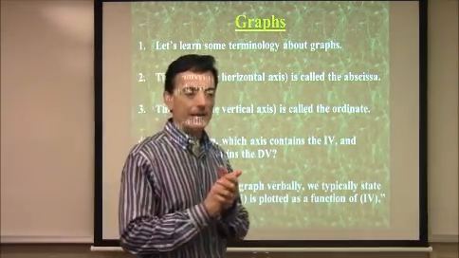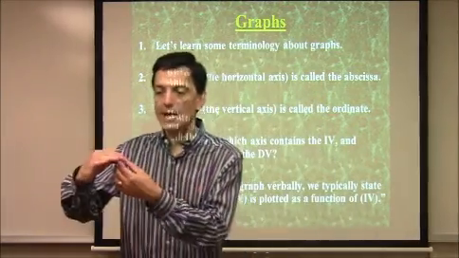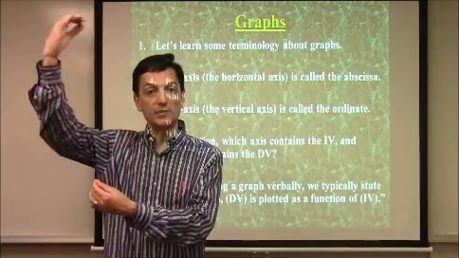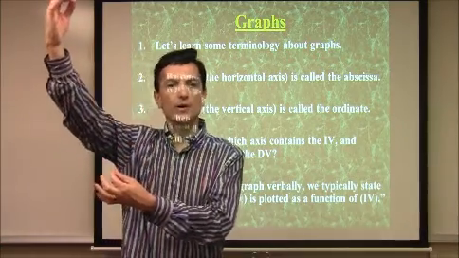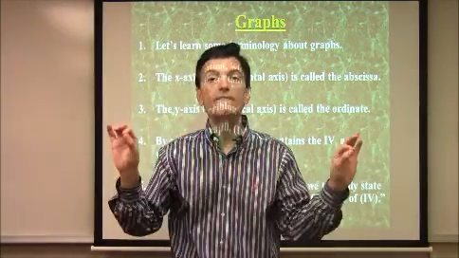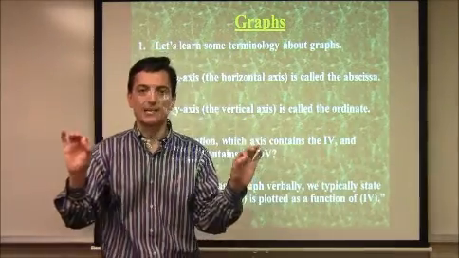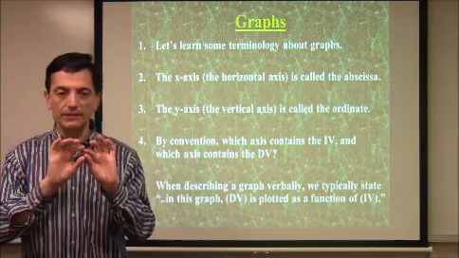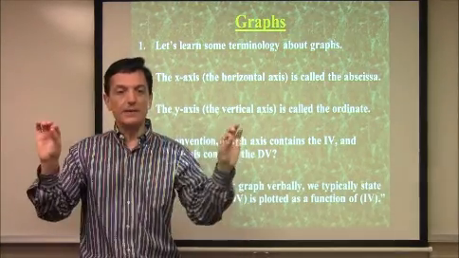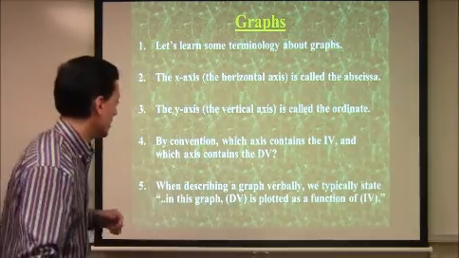Occasionally, we get away from that. If we're doing frequency distributions, we have a fixed y-axis, which is always frequency, or if you prefer to explain it proportionally, we have 0 to 1 for the proportions there, and then the one variable of interest will go on the x-axis. But if we have two variables, an IV and a DV, by convention, we plot the IV on the x-axis and the DV on the y-axis.